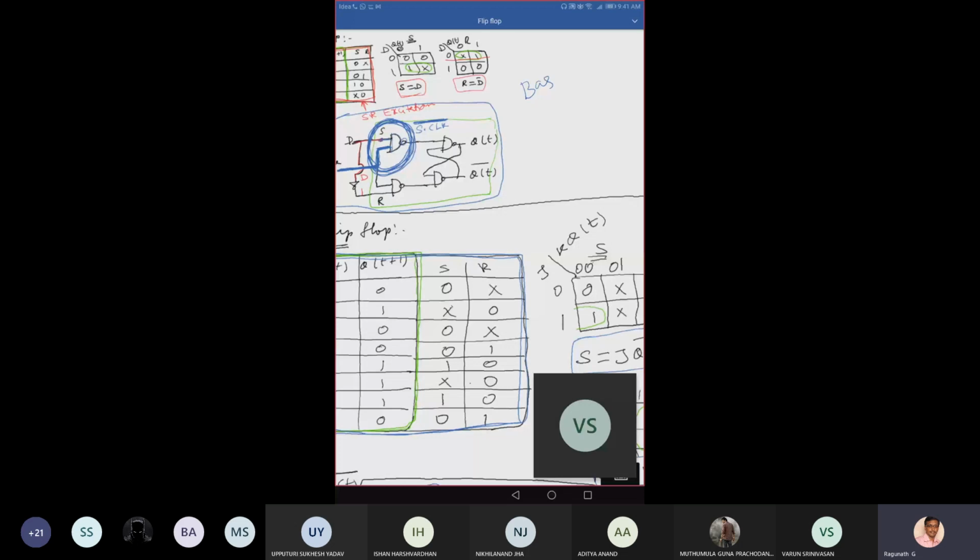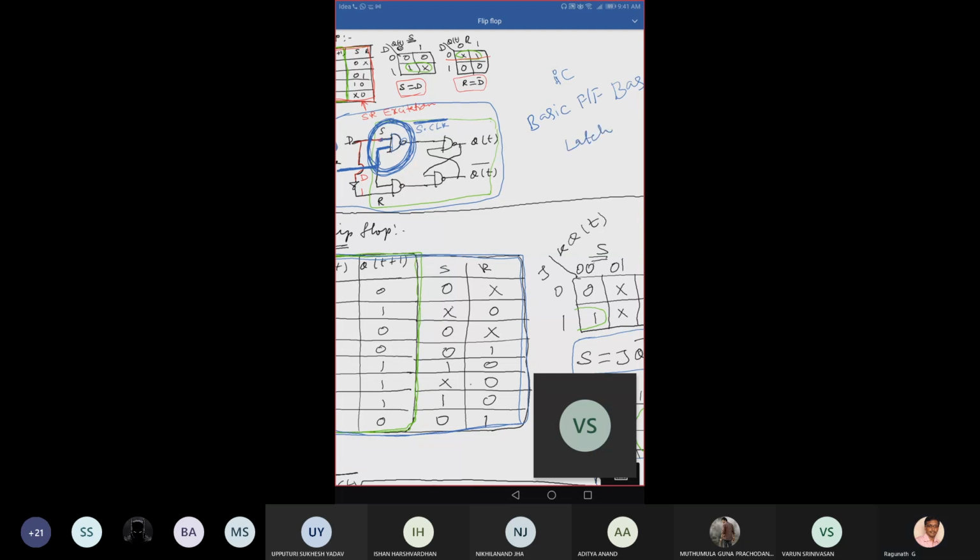If you refer to some textbooks, they say this is the basic flip flop, and some books say this is a latch only. I'll tell you the reason why it's called a latch in the next class. Don't worry. So you can say it as a basic flip flop or a latch.